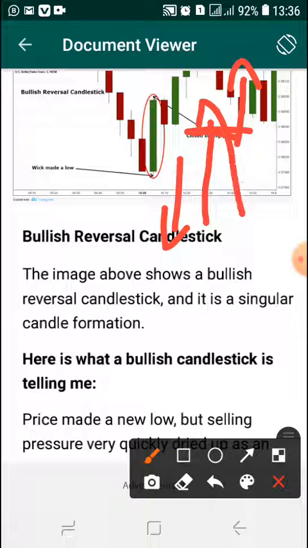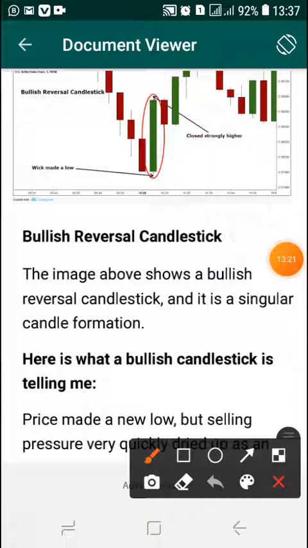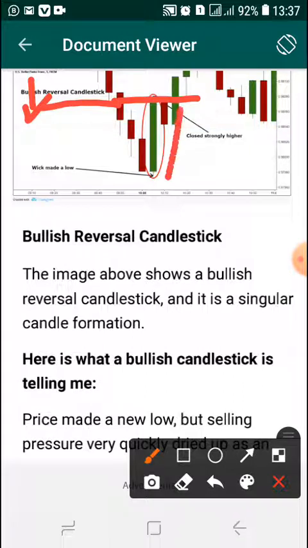Sometimes you might have the sellers coming in strongly, probably at this level here. Previously it was a support area, and right now it becomes a resistance.